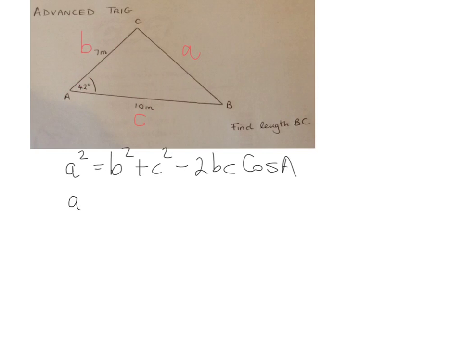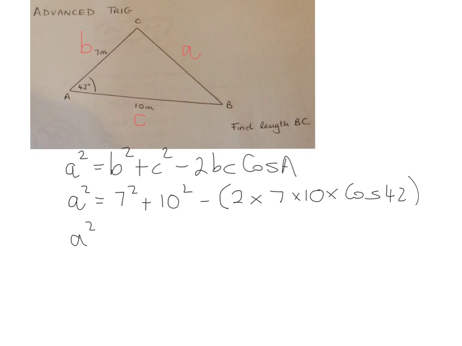So you will then write down a squared is equal to 7 squared plus 10 squared minus, and I usually use brackets here, 2 times 7 times 10 times cos 42. Now at this point you probably could just type everything that you see on the right hand side into your calculator.